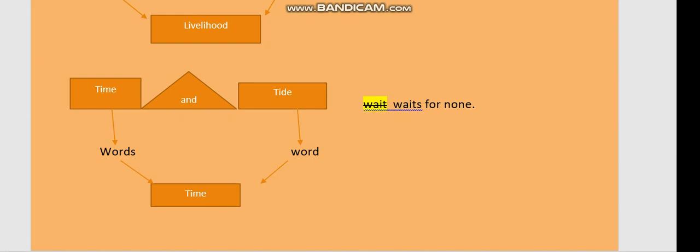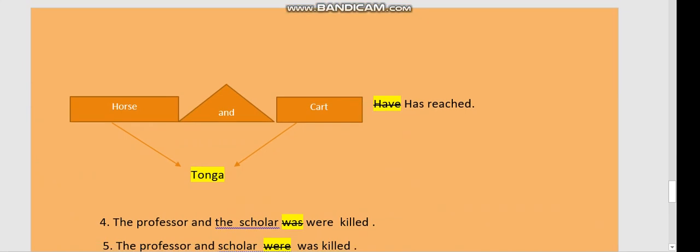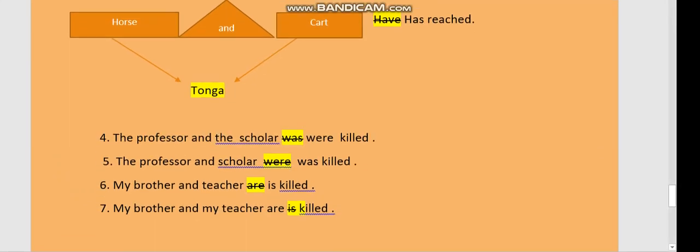Wait shows a plural verb. Next is horse and cart. Has reached, not have reached. Why? Because have is a plural helping verb, and horse and cart show a single entity, that is a tanga, that was used in the past. So horse and cart has reached here.